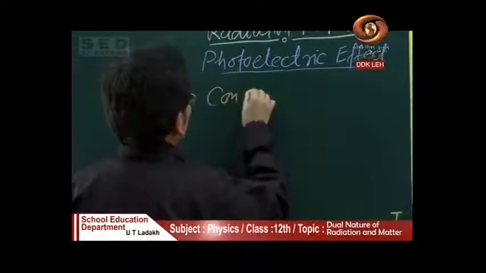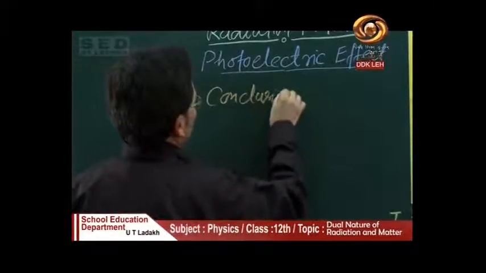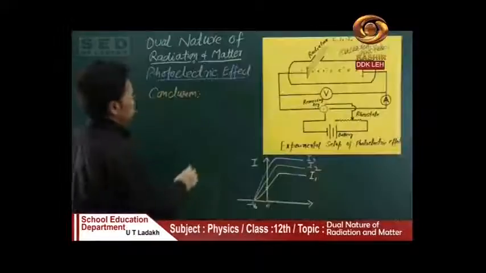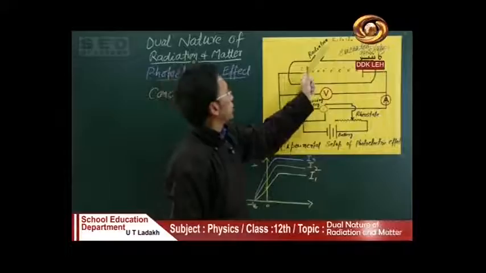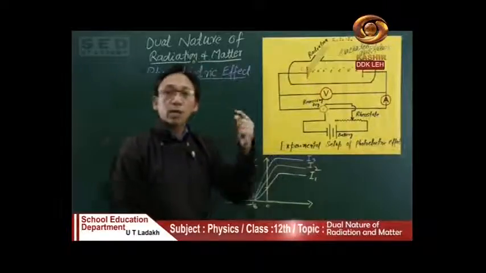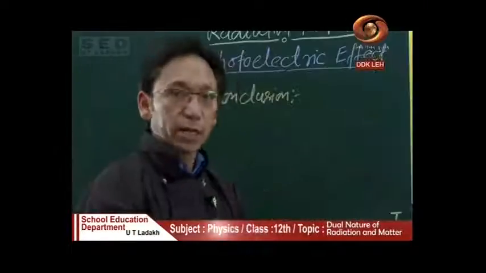Conclusion of what we have done so far. So we have seen that all the electrons emitted from this metal surface do not have equal kinetic energy.